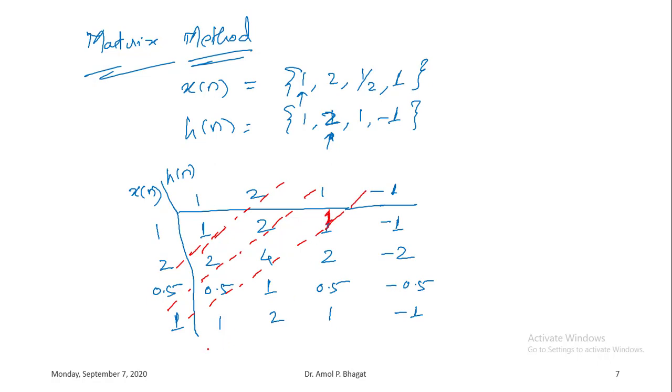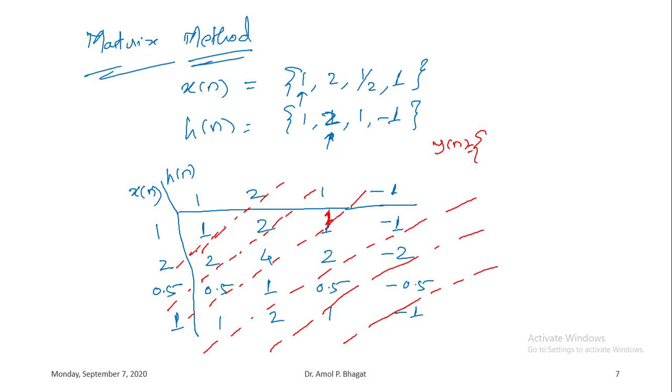Similarly, these values will be separated. So in the matrix you will identify, and simply you can write down directly y of n as you will sum these values which are present in each one of these sections.